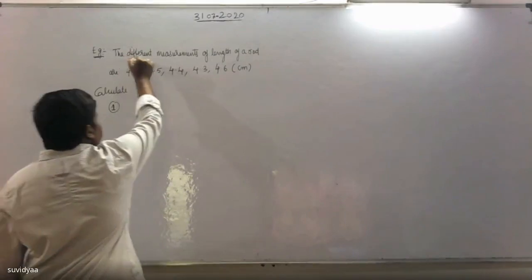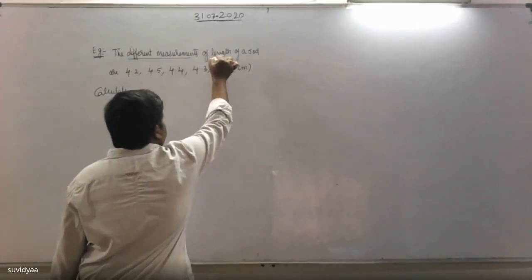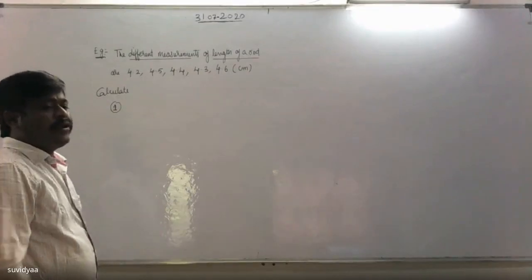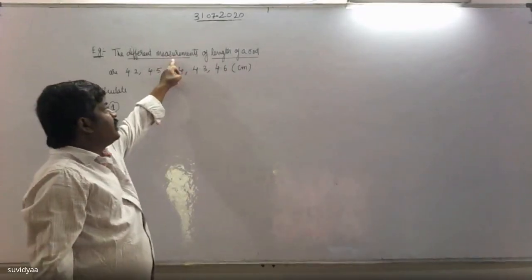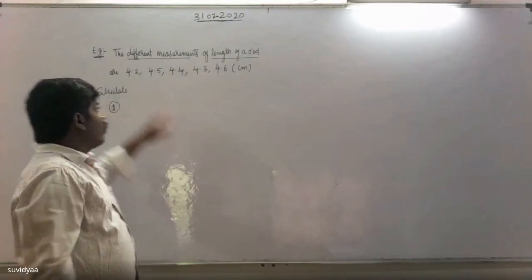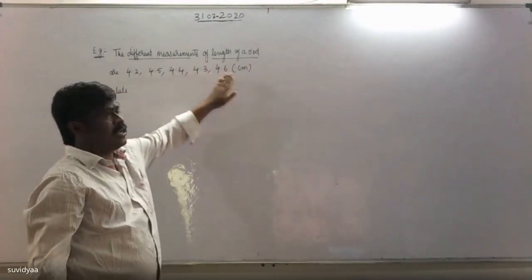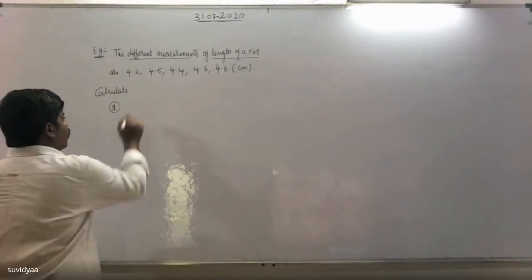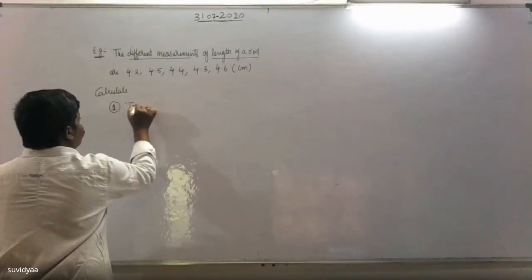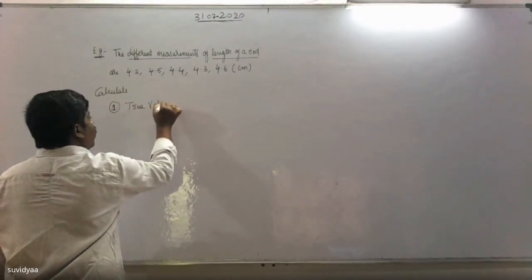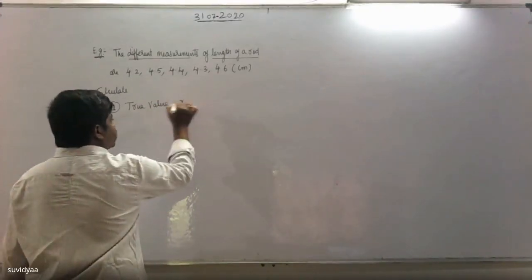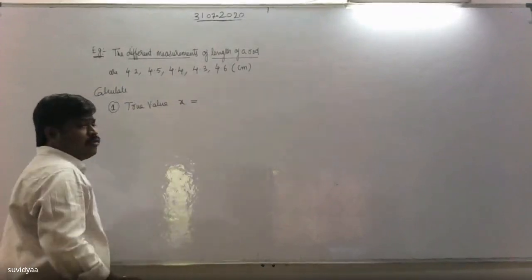The different measurements of length of a rod. So we have measured the length of a rod, and these are the measurements we got. Now calculate. First one: find the true value. True value symbol is x. What I told you?